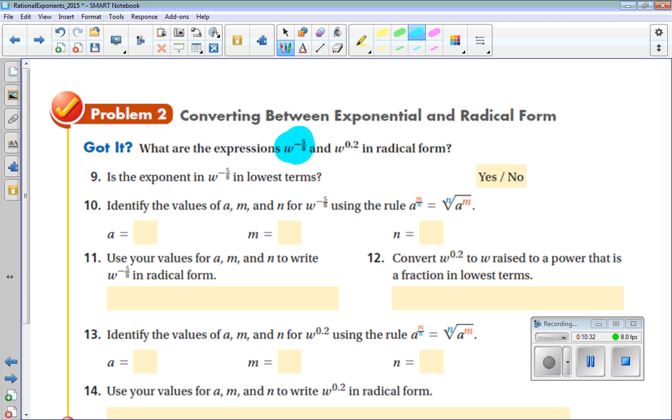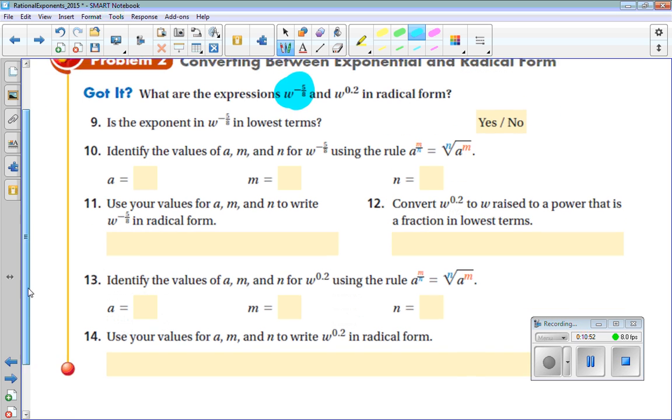What we need to do is decide, and it's asking you to identify the different parts. That's fine if you would like. The base is going to be, in this case, the A is going to be a W. I think that's a little too much to break down, but let's go ahead.